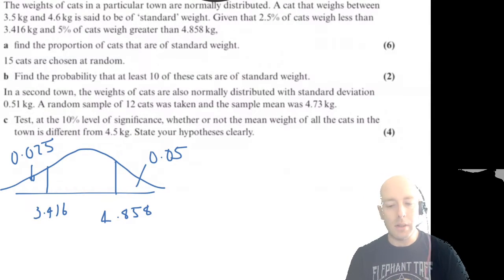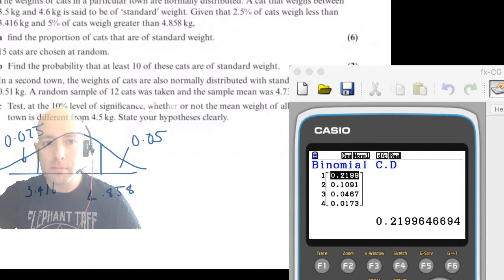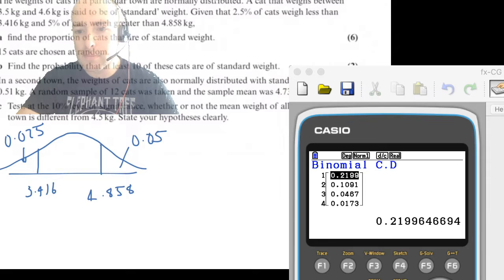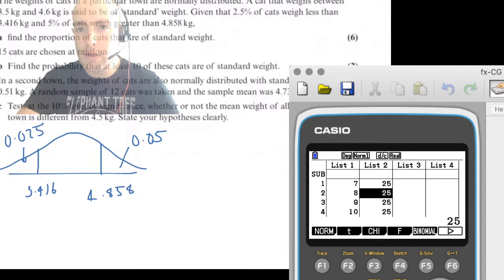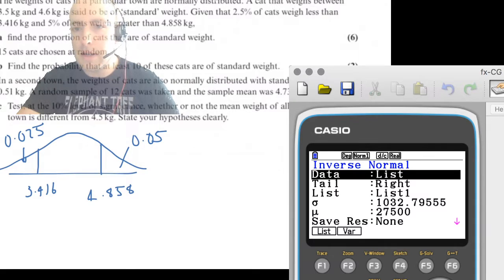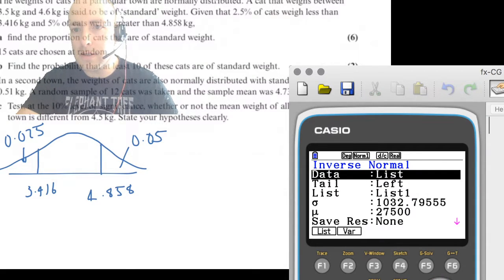So if I bring back the calculator, we'll do the lower tail first. Distribution, normal, inverse normal, tail to the left. We're not going to do list, we're going to do variable for this.